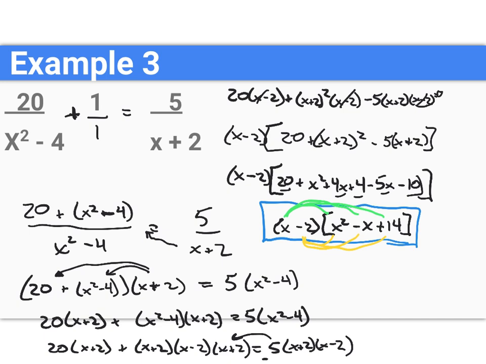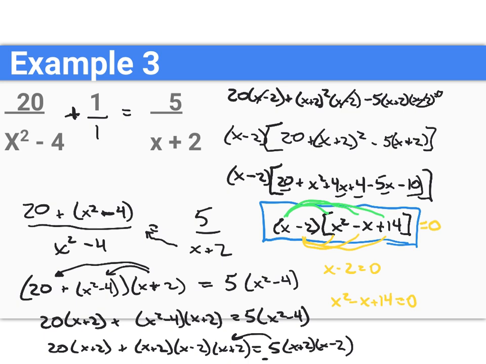So that was the end of this lesson, solving rational equations resulting in quadratic equations. Remember, this was equal to 0, and you would set x minus 2 equal to 0, and then x squared minus x plus 14 equal to 0 to solve for x. You can see one of your excluded values is 2.